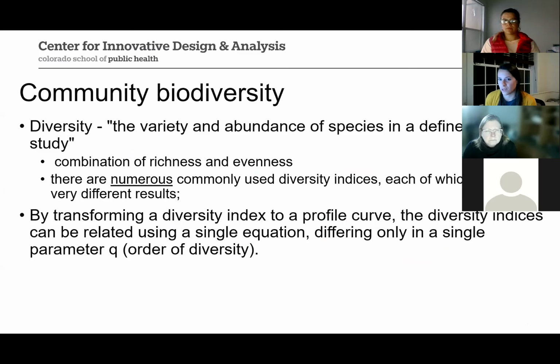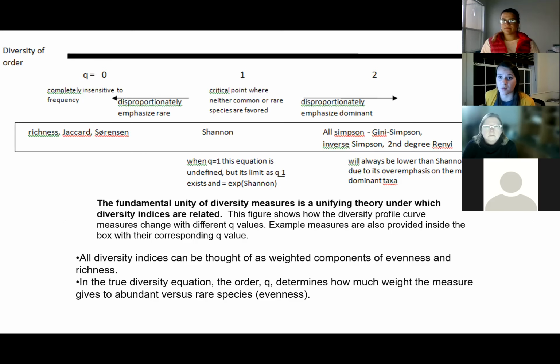I don't go into the profile curves, but they're basically all related based on this parameter Q. And this is a really great diagram that Brandy Wagner made. Q basically is how abundant each of these taxa are. So if you have a really dominant and abundant taxa that's weighting most of your diversity metric, then that's going to be up here.